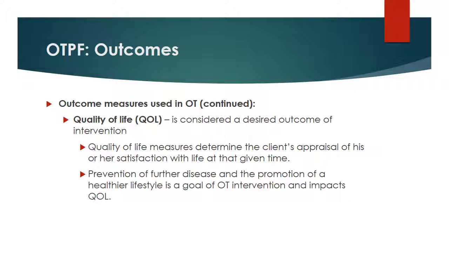And we also consider quality of life, or QOL. Quality of life is considered a desired outcome of intervention. Quality of life measures determine the client's appraisal of his or her satisfaction with life at that given time. Prevention of further disease and the promotion of a healthier lifestyle is a goal of OT intervention and impacts quality of life.